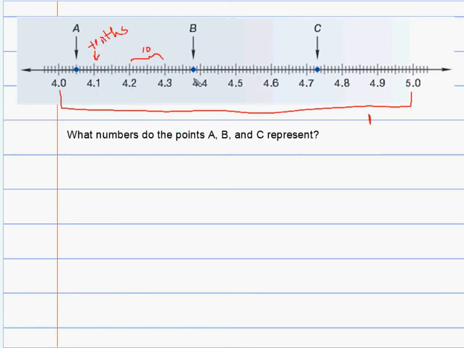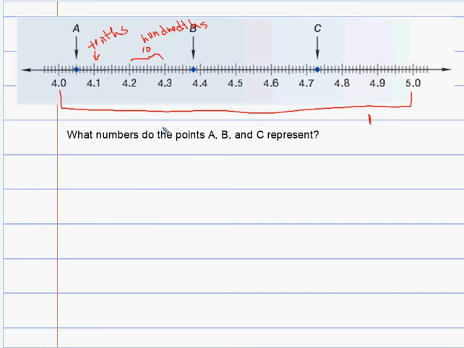It's 1, then tenths, and then these would be hundredths. Okay, so these tiny little dashes on our number line are hundredths of the hundredths place.